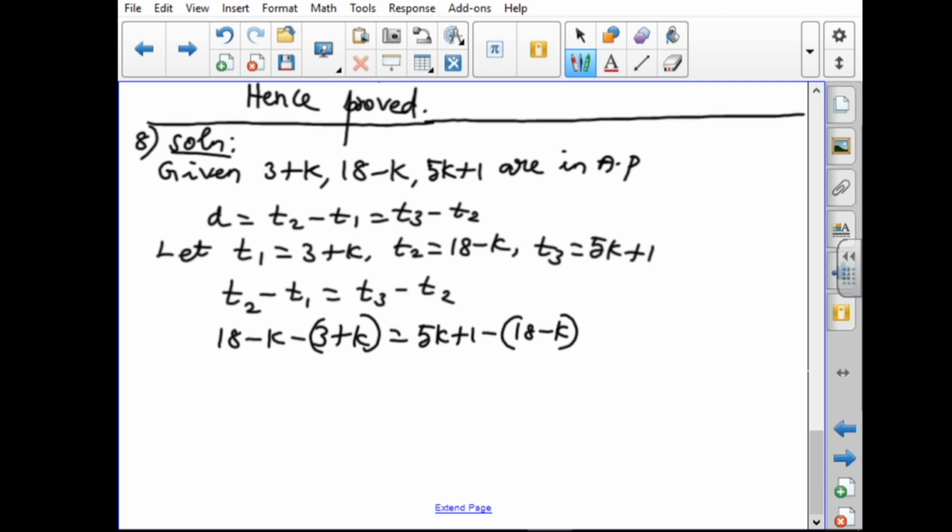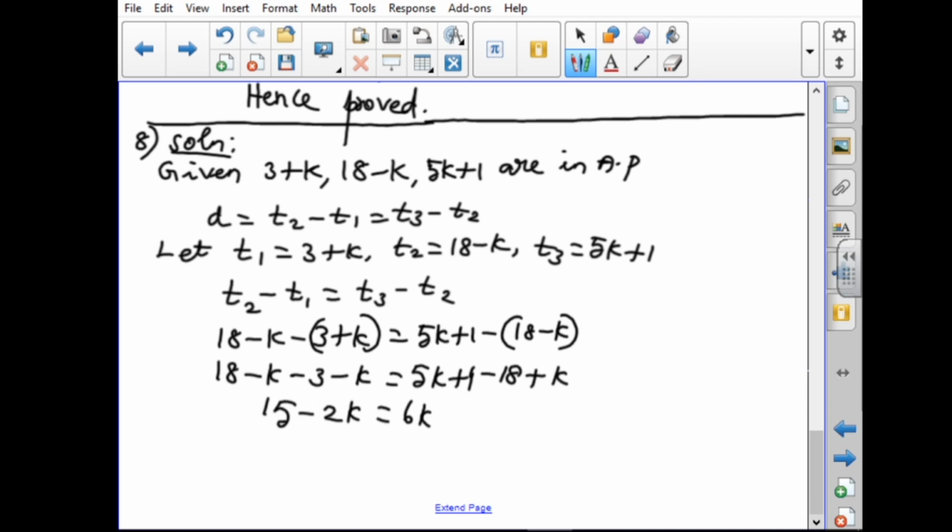Now you have to remove the brackets. So 18 minus k, minus into plus k gives minus k, minus k equal to 5k plus 1 minus 18, minus into minus plus k. See here, minus k minus k is minus 2k, 18 minus 3 is 15. So 15 minus 2k equal to 5k plus k is 6k, 1 minus 18 is minus 17.